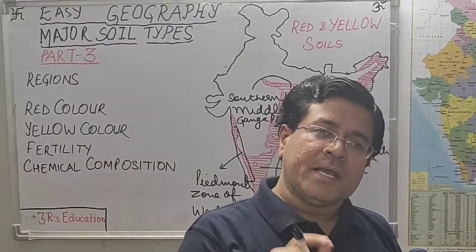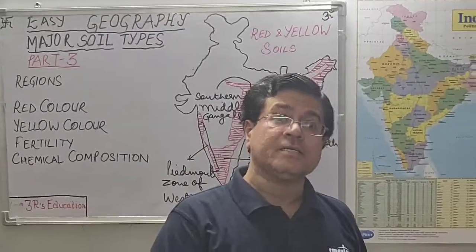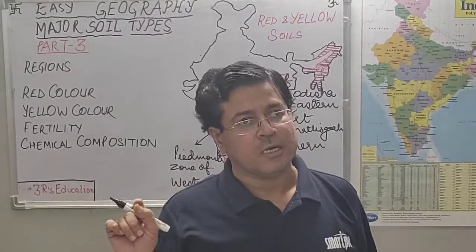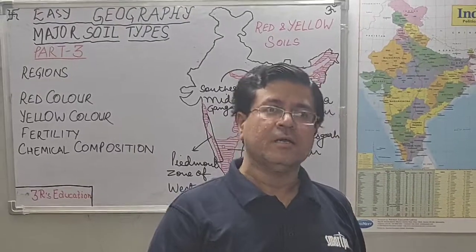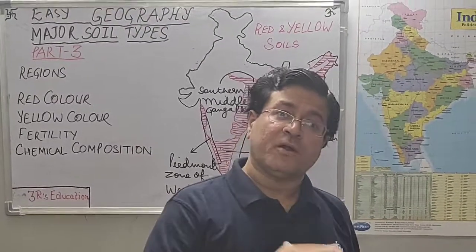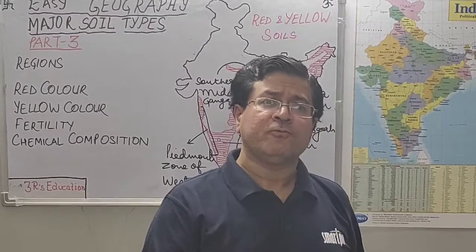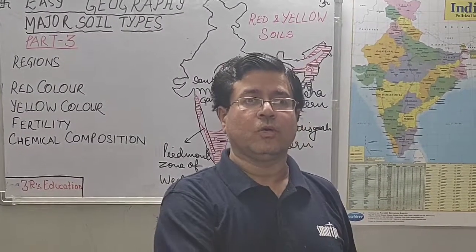Friends, these soils are mainly found in igneous and crystalline rock areas, where igneous rocks are there, crystalline rocks are there, metamorphic rocks are there, and in low rainfall areas.